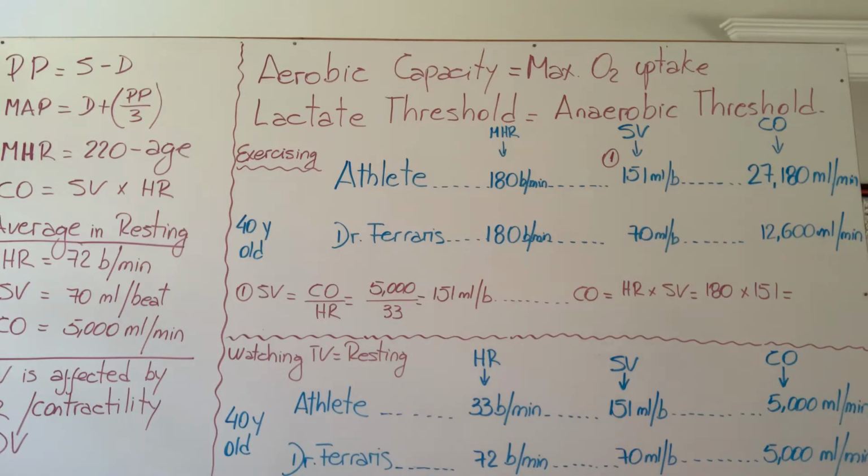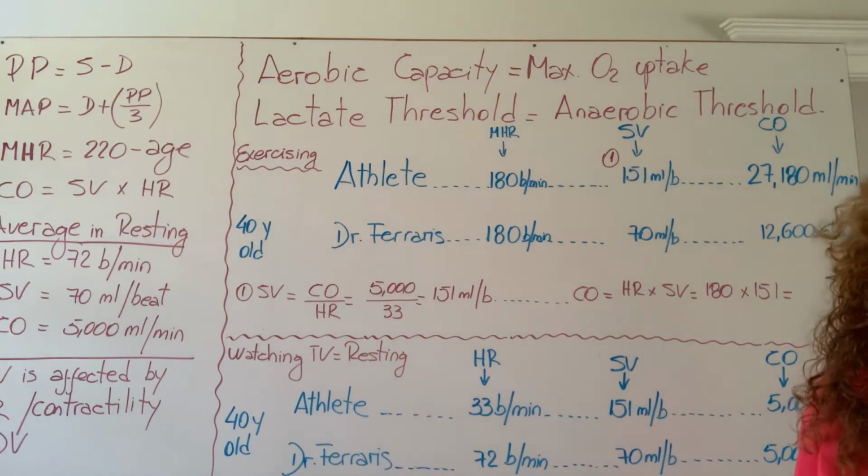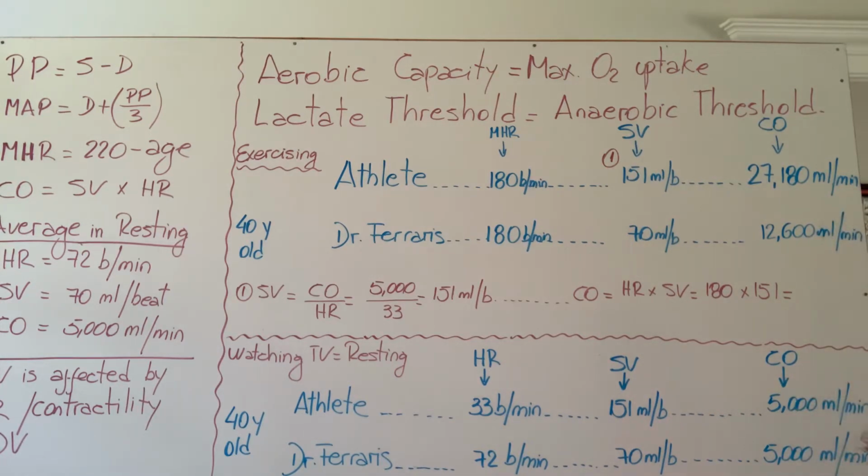If you are a trained person or an athlete, and I'm not talking about going to Zumba class 3 times a week, I'm talking about seriously training 3 or 4 times a week for a minimum of 2 or 3 hours each one, that person has the lungs and the heart adjusted for that physical exercise. That is not developed overnight.